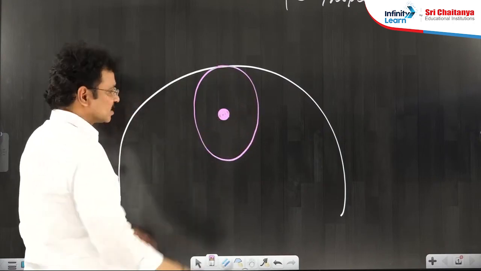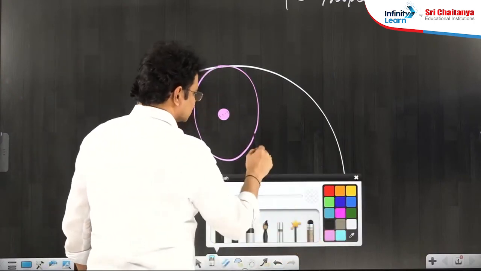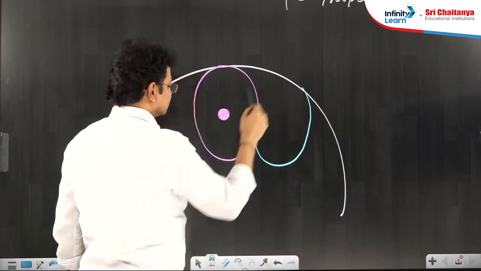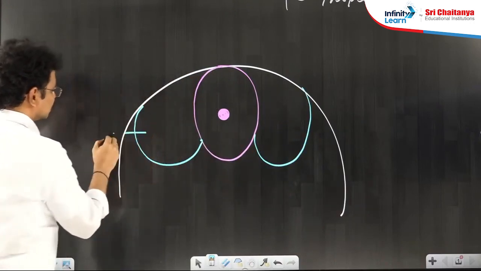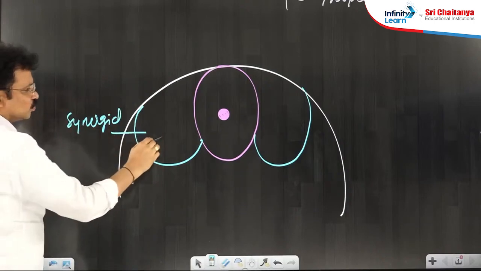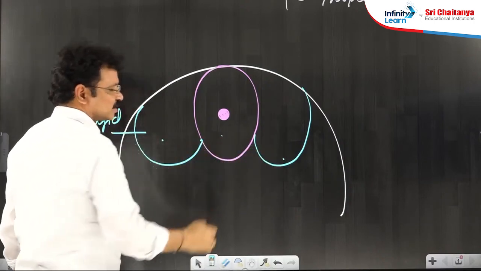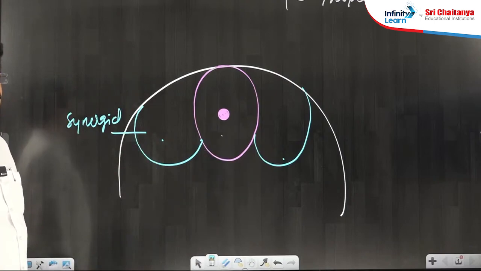What cells are present on either side of the egg? Synergids. One synergid and another synergid cell. Two synergids with one egg together are called the egg apparatus.